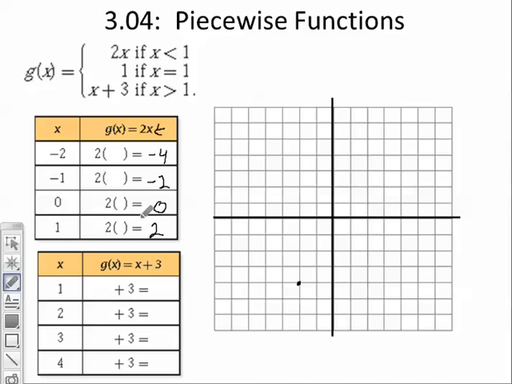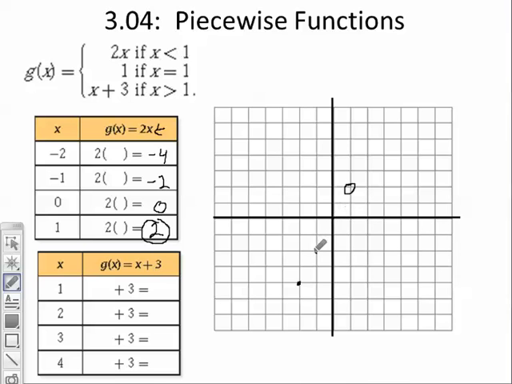I need to know what it's doing right here, because at this point I need to make that an open circle. So at 1, 2, right here, there needs to be an open circle, because I'm never going to hit that point, am I? So let's go to negative 1, negative 2, and at 0, 0.